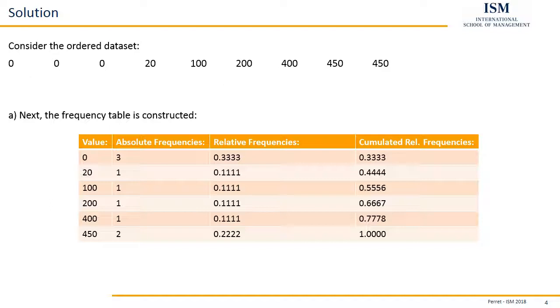And we carry on with this till the last entry, and in the last cell we always need to arrive at 1 or at 100%. Meaning, if we get something different than 100%, somewhere in between some kind of calculation error must have happened. So this then is our frequency table. This is basically everything we need to do in part A.